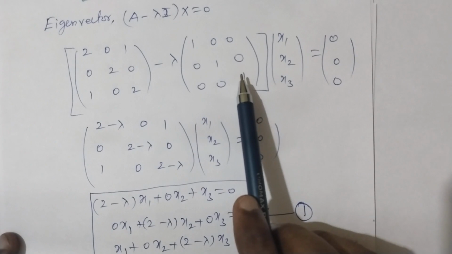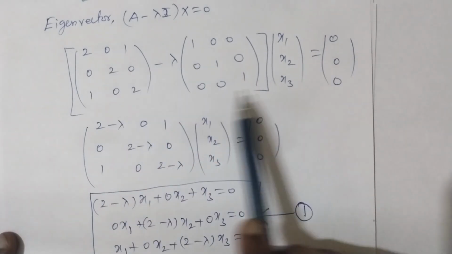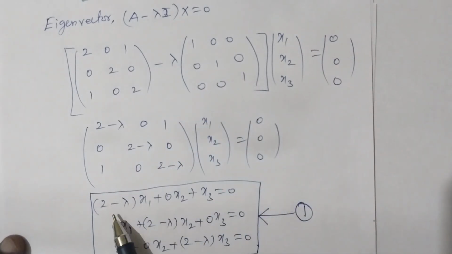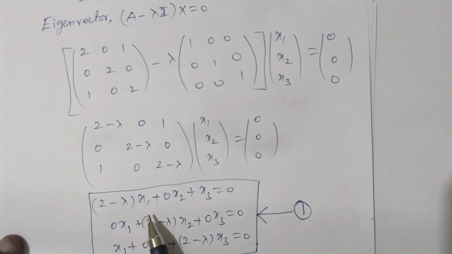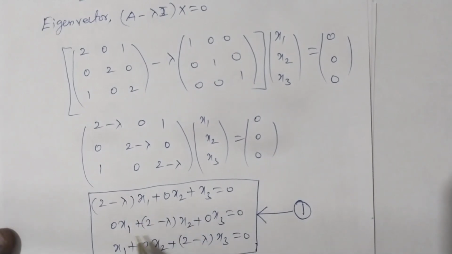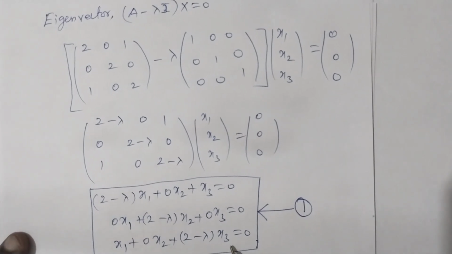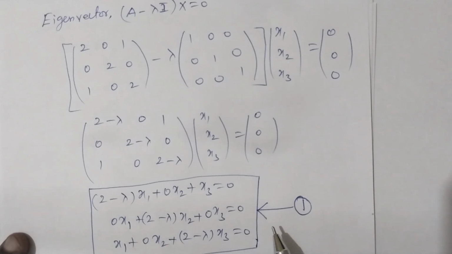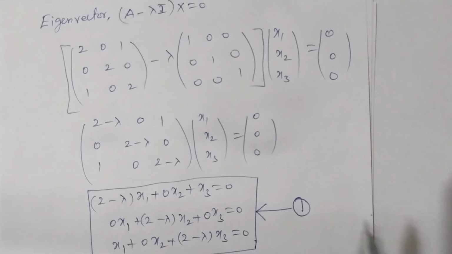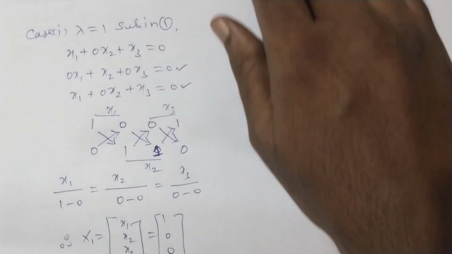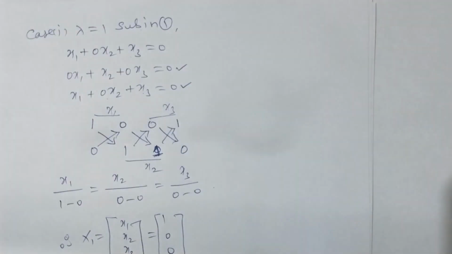Then simplifying this matrix, we get the equations: (2 minus lambda) x1 plus 0 x2 plus x3 equal to 0, 0 x1 plus (2 minus lambda) x2 plus 0 x3 equal to 0, x1 plus 0 x2 plus (2 minus lambda) x3 equal to 0. We call this equation number 1.